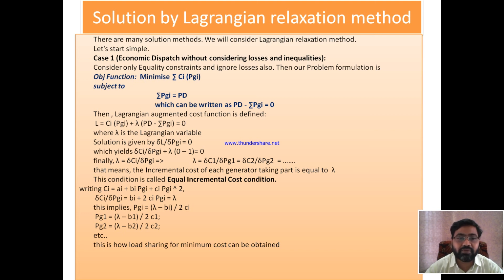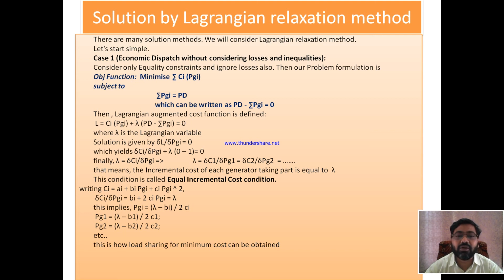So when expanded, your lambda should be equal to dou C1 by dou PG1, which is equal to dou C2 by dou PG2, and so on. If you have 5 units, you will have 5 terms up to dou C5 by dou PG5. This dou C by dou PG we already know is the incremental cost.